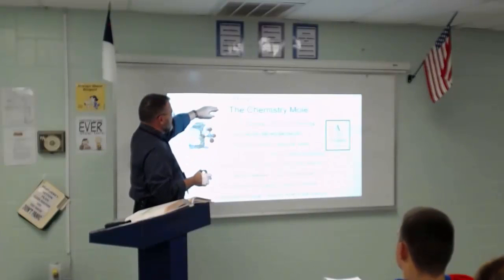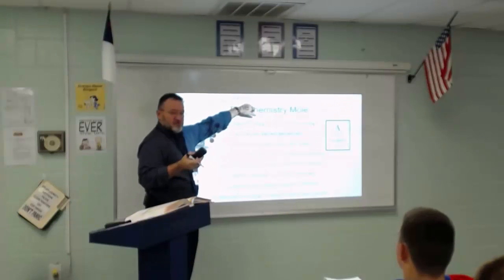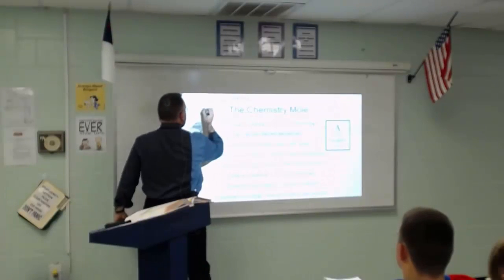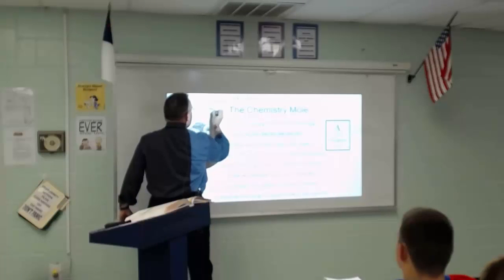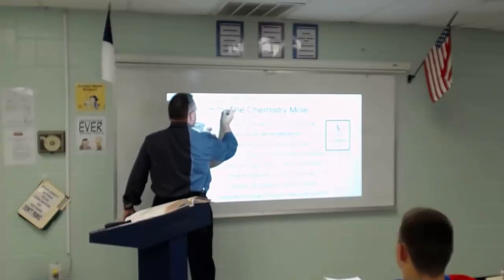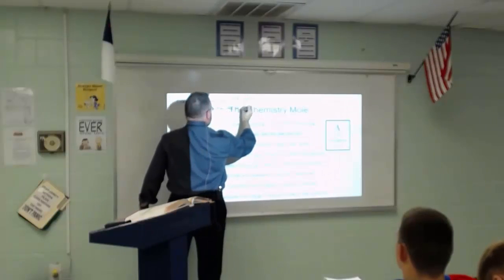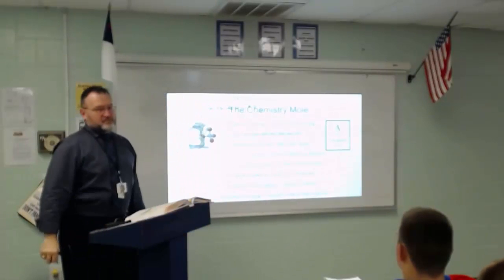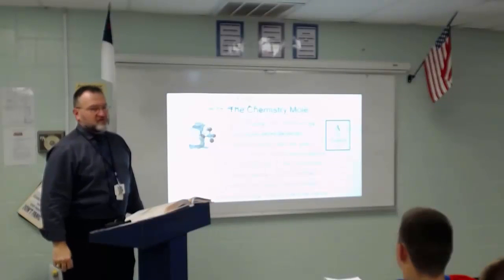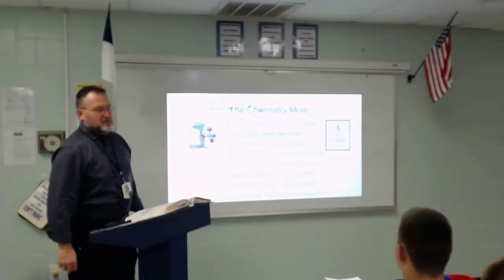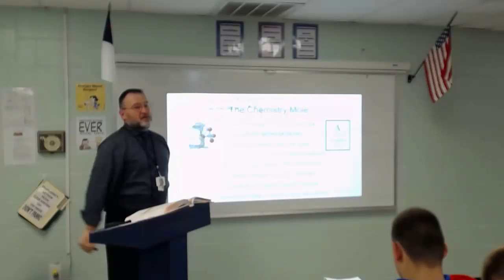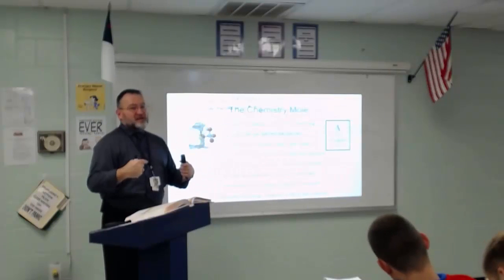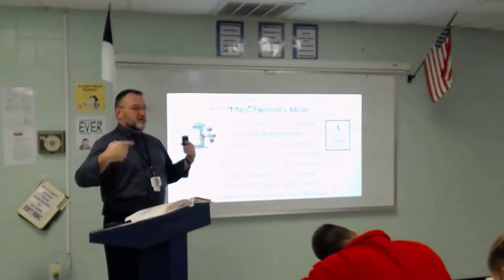Figure out the mass of one molecule in AMUs, and 1 mole of molecules relates to the same number, but this time in grams. Just change the units. So you find the mass of 1, change the units from AMUs to grams, and now you know the mass of 6.02 times 10 to the 23rd of them.